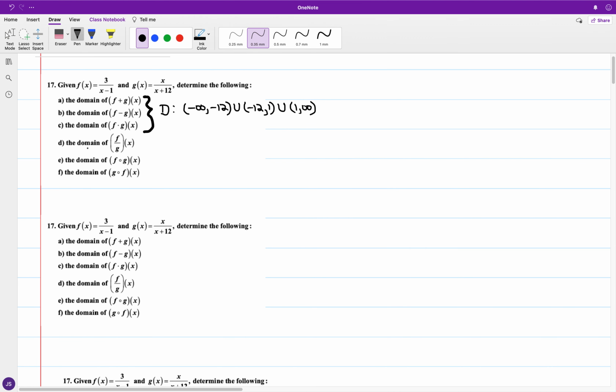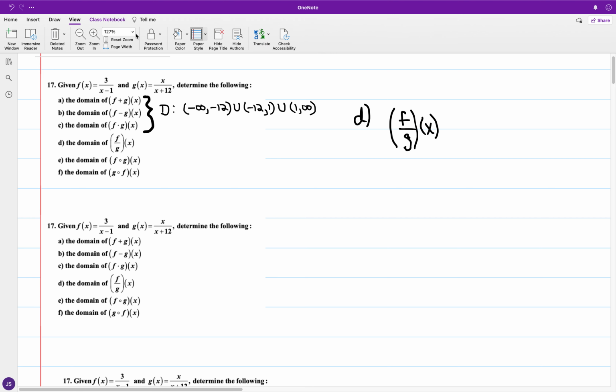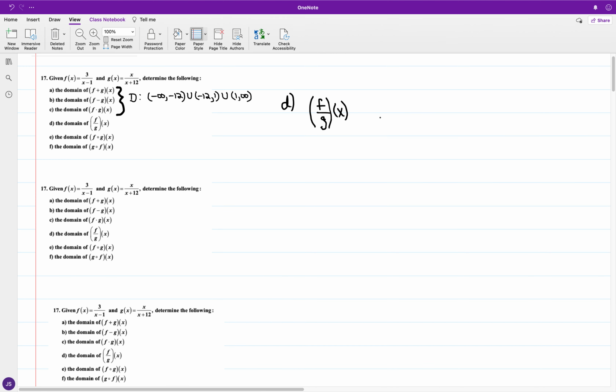Now, in the case of the quotient function, in part D, we have f over g of x, which is f of x over g of x.